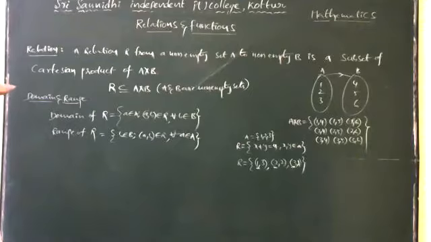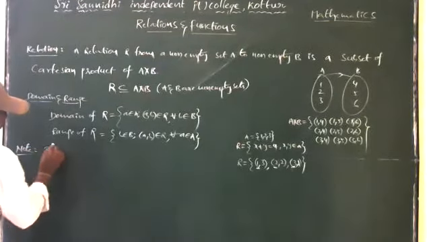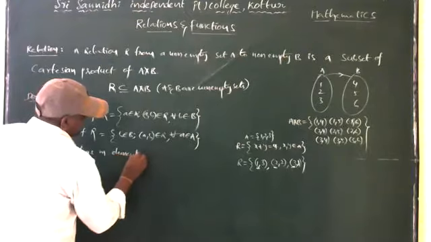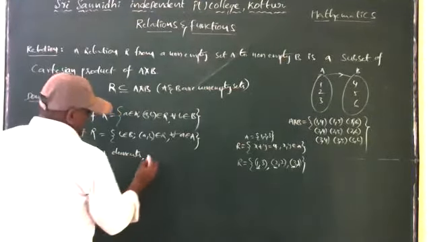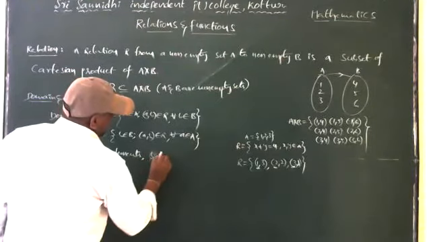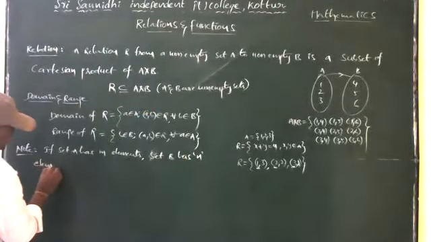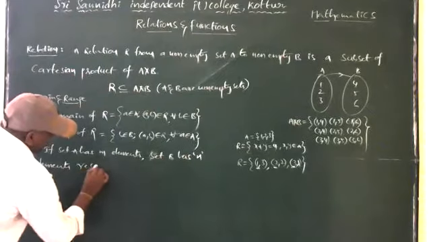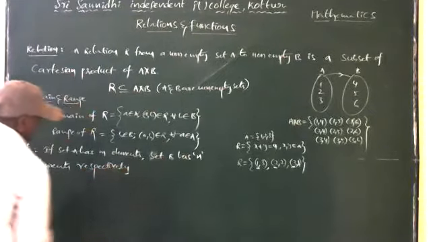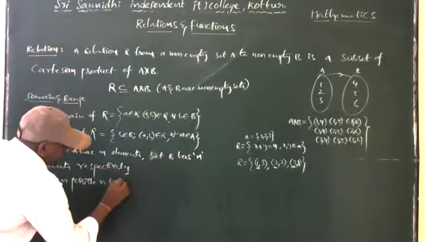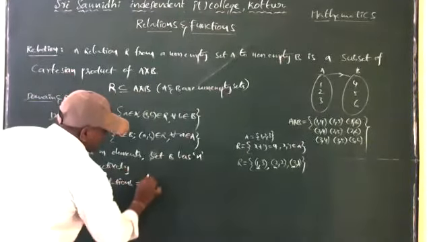Clear? And also here you remember one more condition: the number of possible relations from A to B. For example, if set A has m elements and set B has n elements respectively, then possible relations from A to B is equal to 2 to the power of m into n.